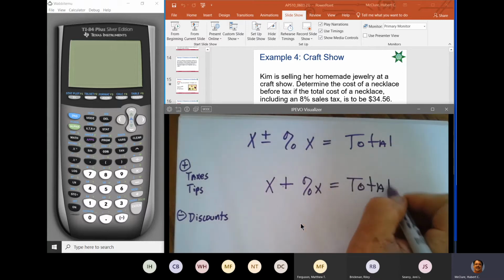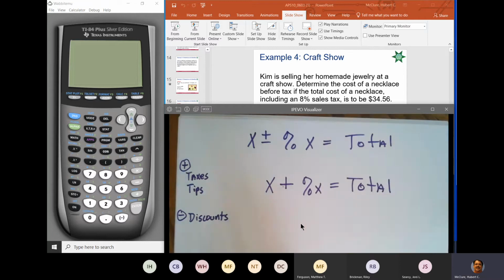Now all you have to do is read the question and figure out where everything goes, because you only got 2 numbers. Somebody tell me where the 8% goes. That's kind of a gimme question if you look at the Walmart equation. In the percent part.